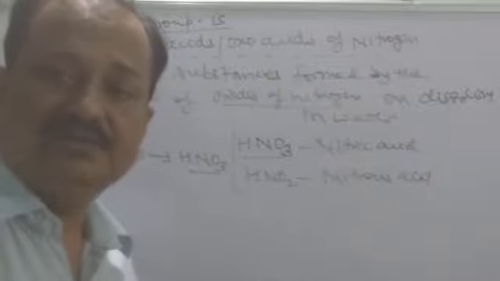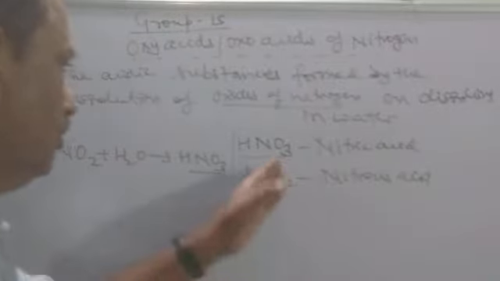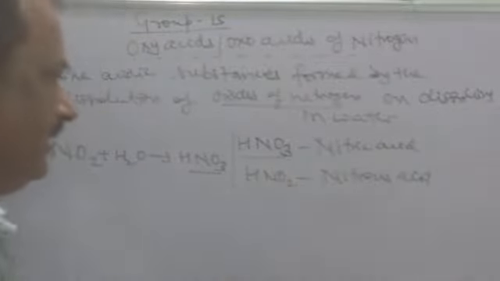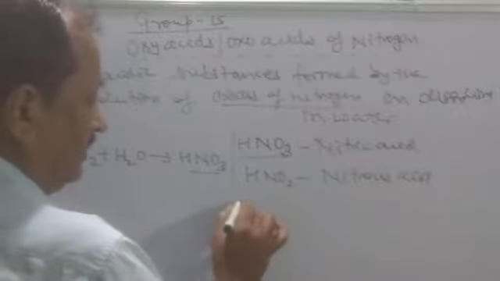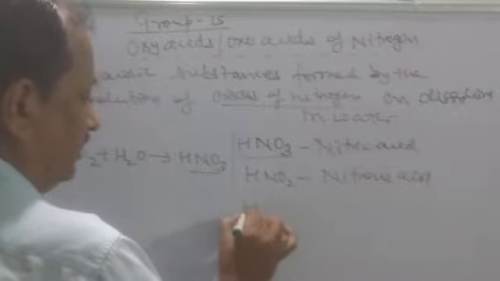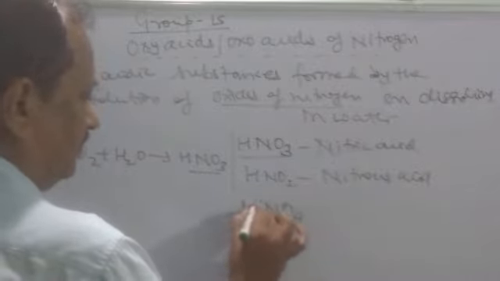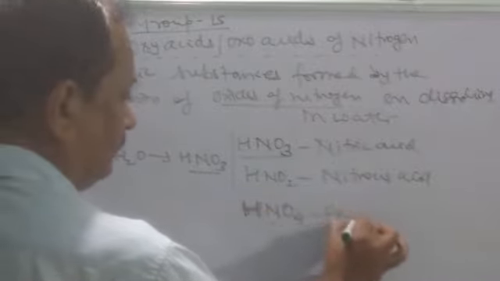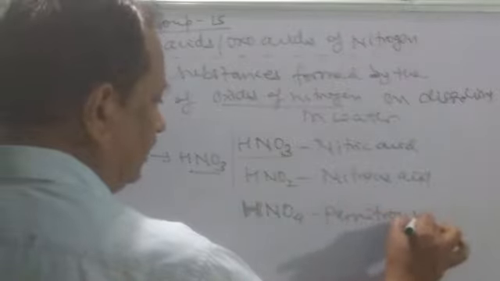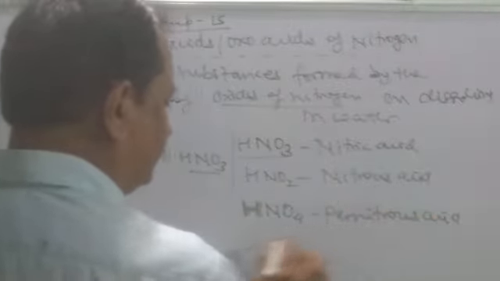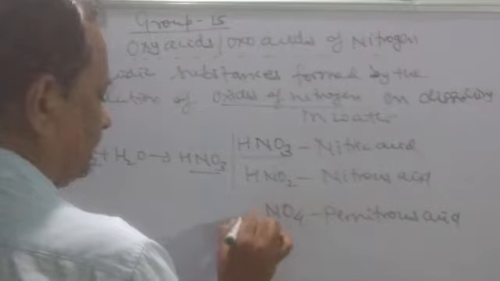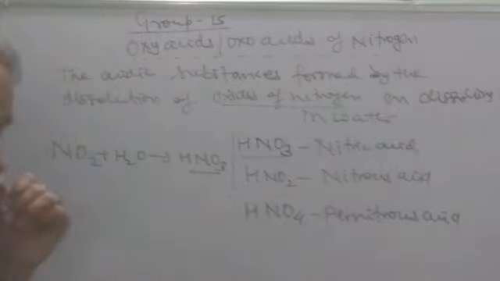Now, these are some of the important oxoacids of nitrogen. So we have seen here nitric acid and nitrous acid. Then we have HNO4, pernitrous acid. It is also a highly unstable acid.